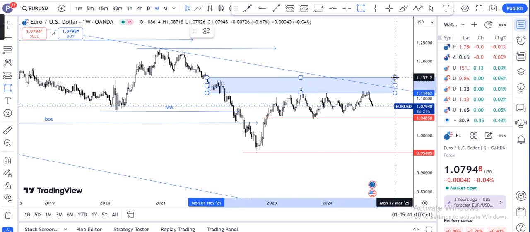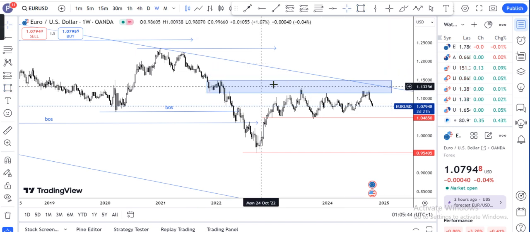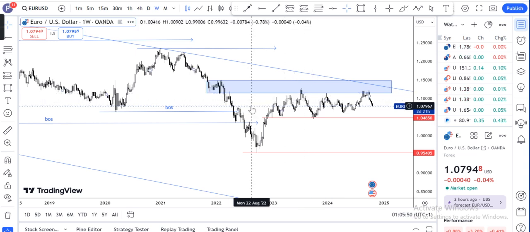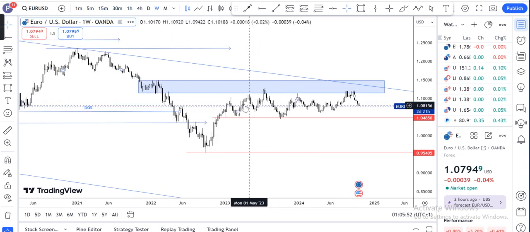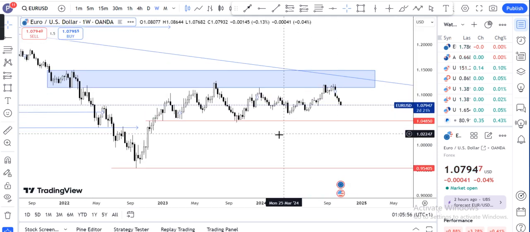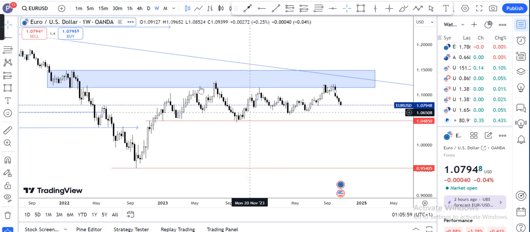If we mark it through, we can clearly see the market tapped into this zone several times before dropping. That is one piece of information. Having seen that, we will now go to the smaller time frame.